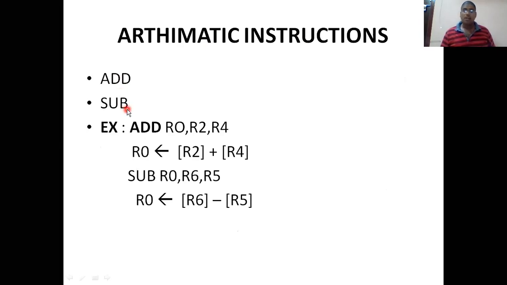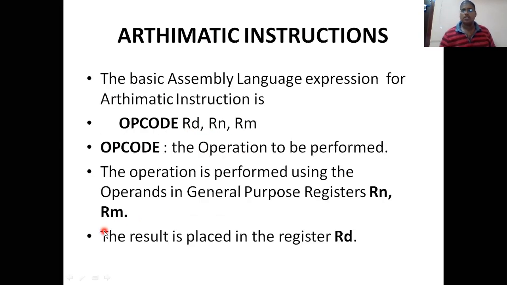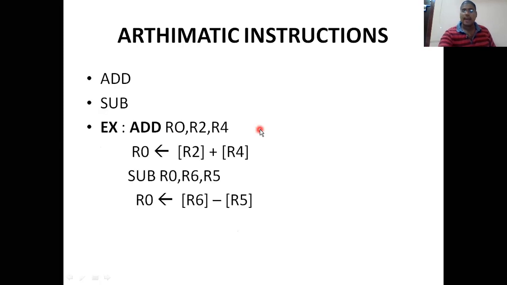See, for example, I have taken the example like this: ADD R0, R2, R4. This is just like the syntax of the previous one. If you observe the previous slide, it was mentioned there should be 3 operands, isn't it? Here also we are having 3 operands. What are those 3 operands?